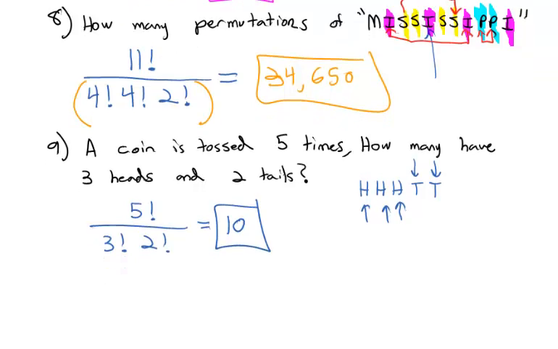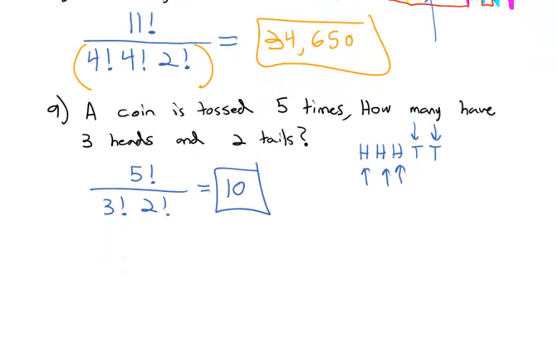And from there, you can see the easy transition to start talking about what's the probability that a coin is tossed 5 times and you get 3 heads and 2 tails. But that's going to have to wait for another day. So those are permutations. The order matters.